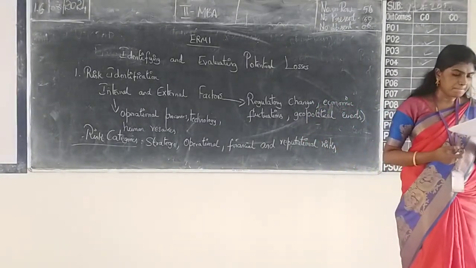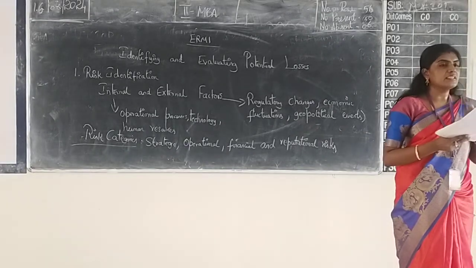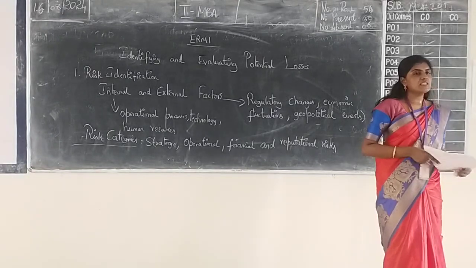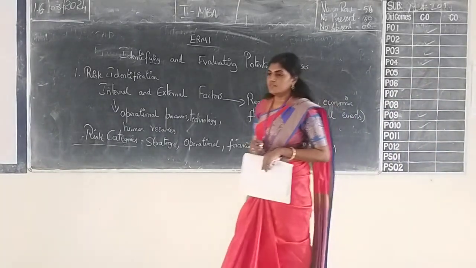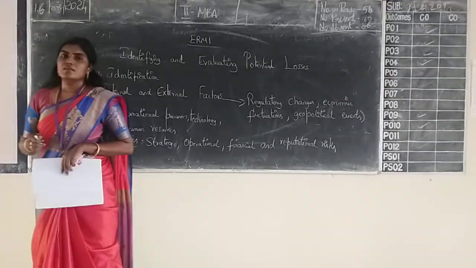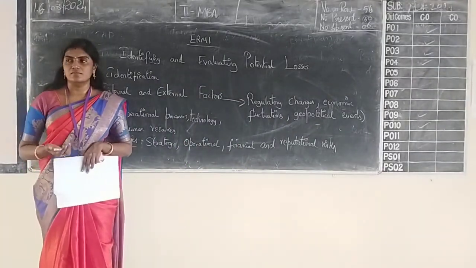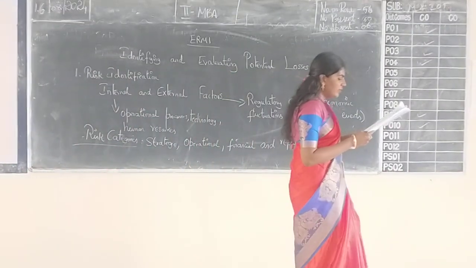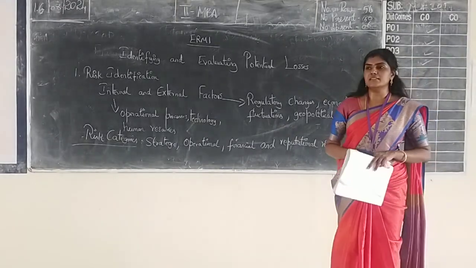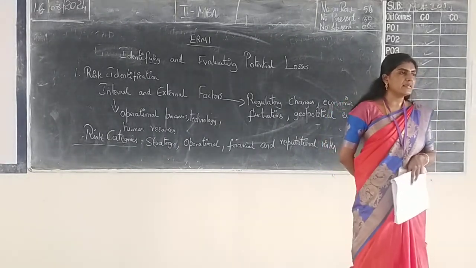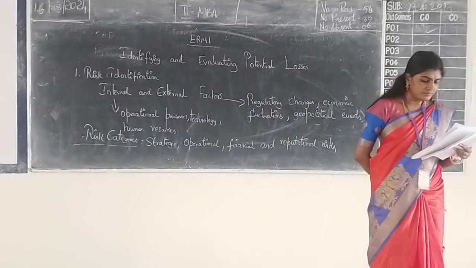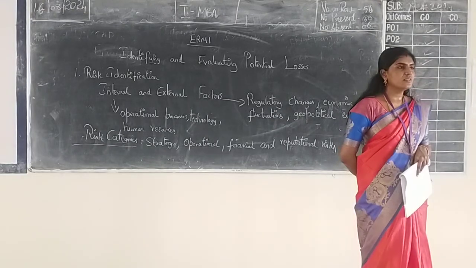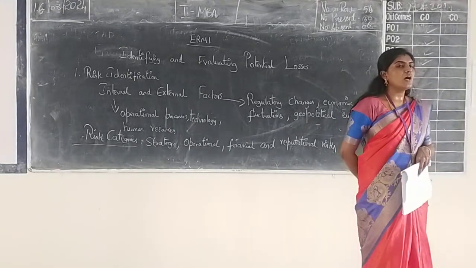So first write, each identified risk occurring and the potential impact it could have on the organization.